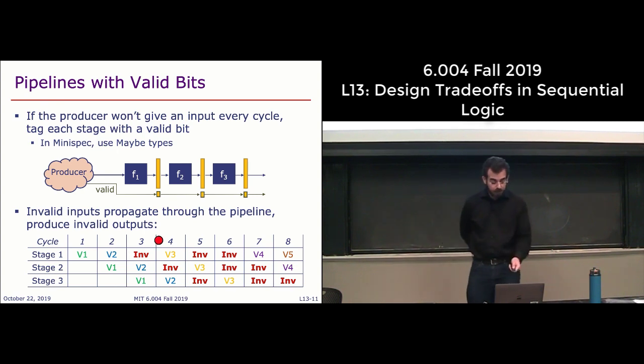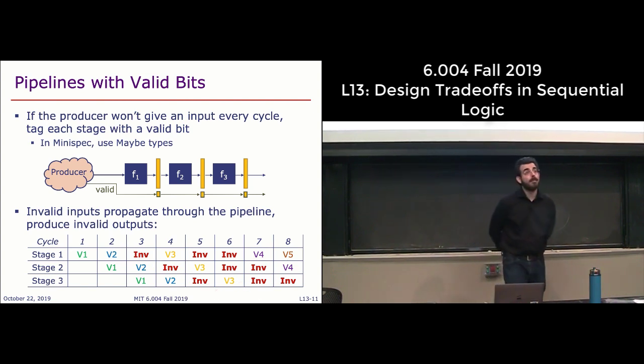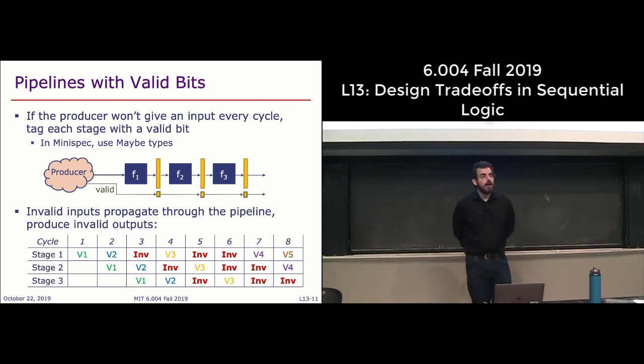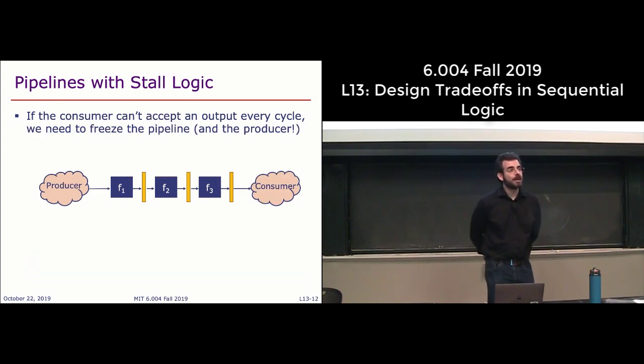So every time you get an invalid value in, since this is a three-stage pipeline, 3 cycles later this will show up as an invalid output in the pipeline. Okay, so that's the simplest extension we can have.